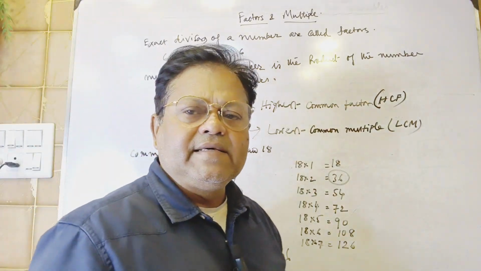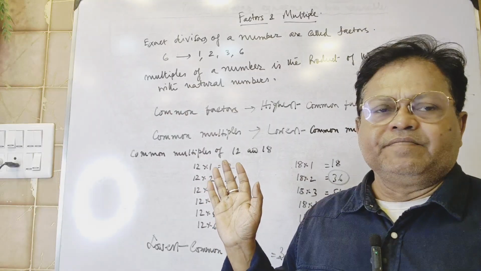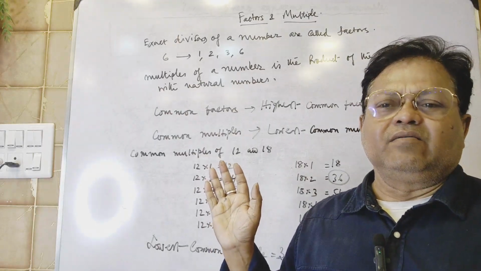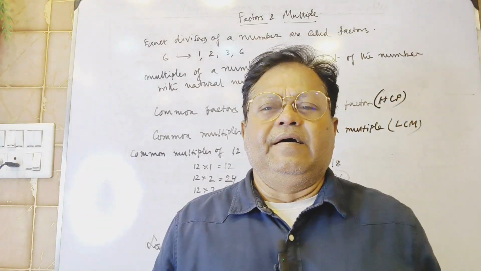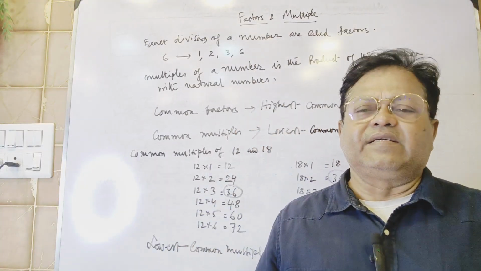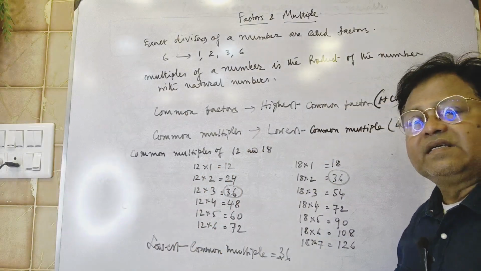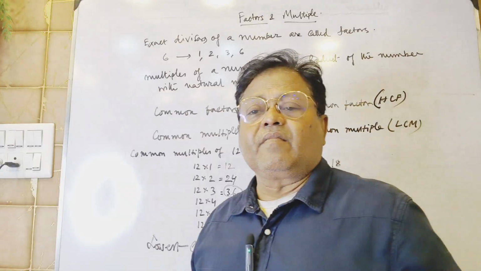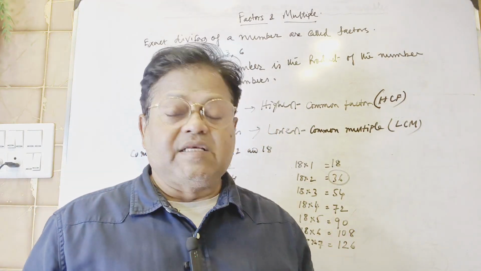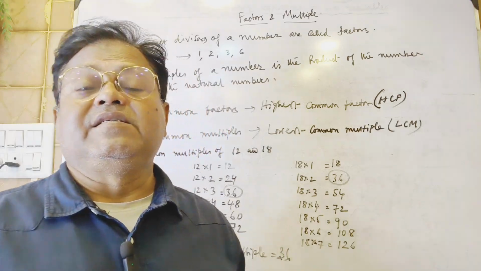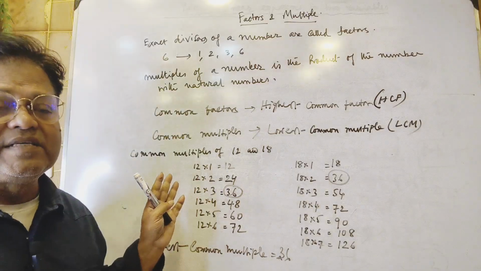So up to today, I think you can understand factors and multiples, how factors will be found, different types of factors, prime factors, all factors, and multiples. Next time I will discuss the sums related to this chapter, that is factors and multiples for class 5 and 6.